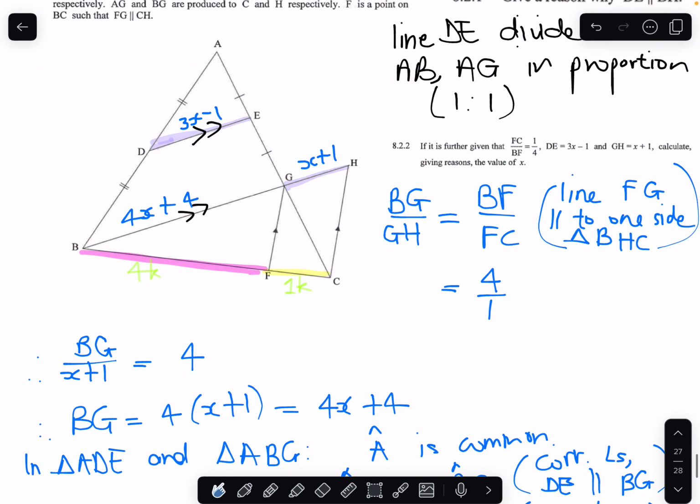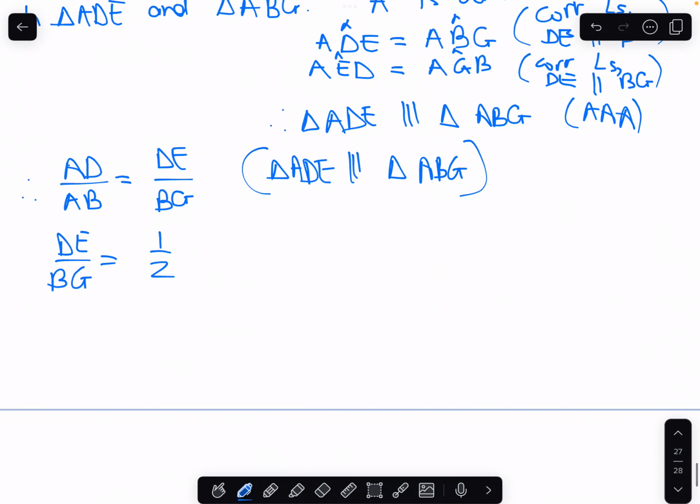We know that DE is 3x minus 1, so I'm just going to flip these around.